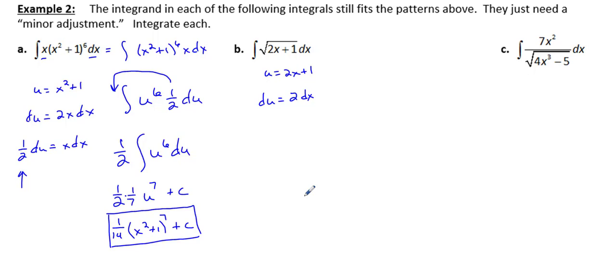dx. Okay. Now let's analyze our integrand. u covers up the inside of the radical, and then we just have dx left over. So guess what? We have to solve for dx. Okay, do that. 1/2 du equals dx. So we're substituting this 1/2 du in for dx.